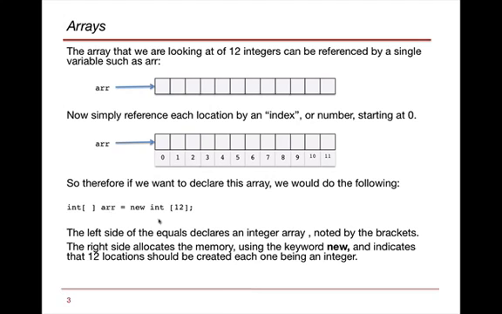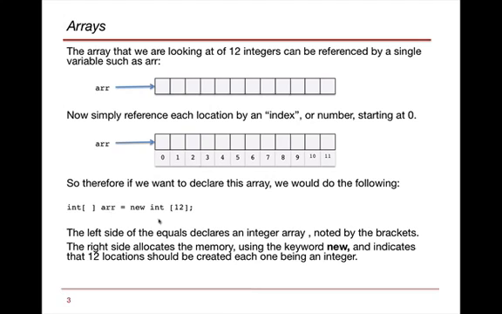So now that we've done that, we just need to figure out how to put stuff into it. And it's very simple. Once we have the declaration of the array, we can then do ARR, which is the variable, offset 2 equals 7. And what it will do is find the ARR array, which is this memory location, find the number 2 index, and put the number 7 into it.